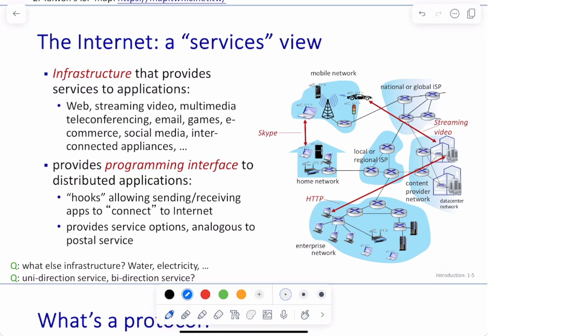So it's very similar to programming. Computer networks are layered. We will talk about why and how those layers function. It's very much like a programming interface, or what we call an API, application programming interface. That means each layer has a certain interface that you can use to interact with the upper layer and the lower layer.